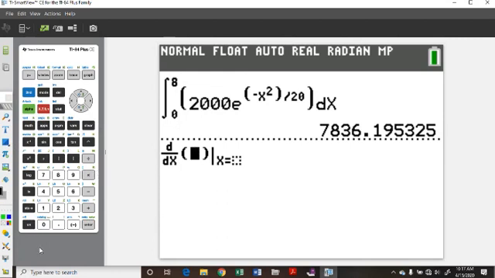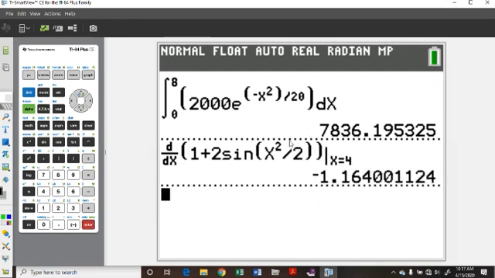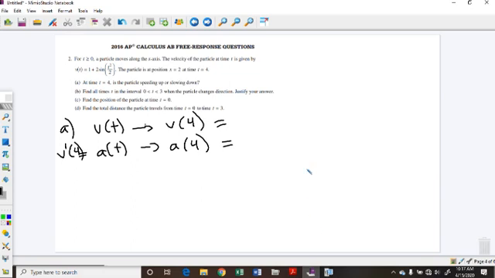Put in your function, which is 1 plus 2 sine of x squared divided by 2, and we're doing it at time 4, and you get that that is negative 1.164. When you plug it in on V of 4, you get 2.978 truncated.